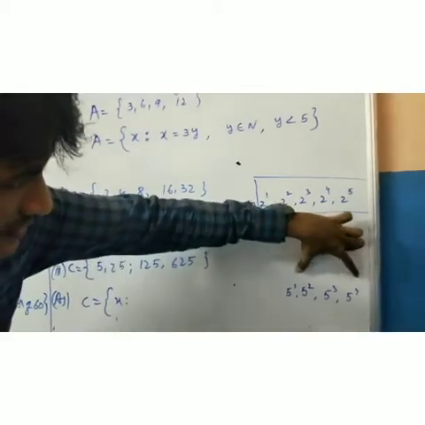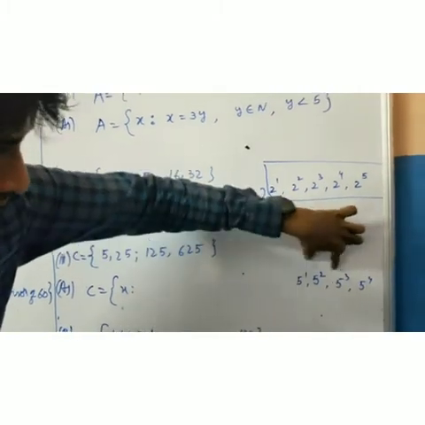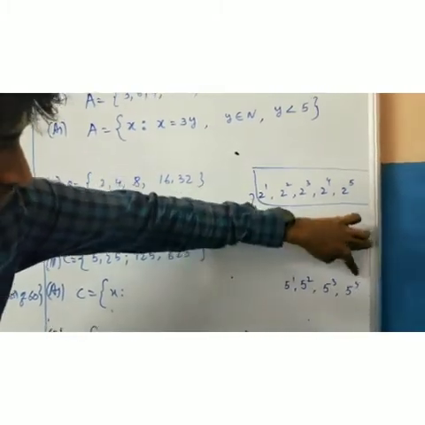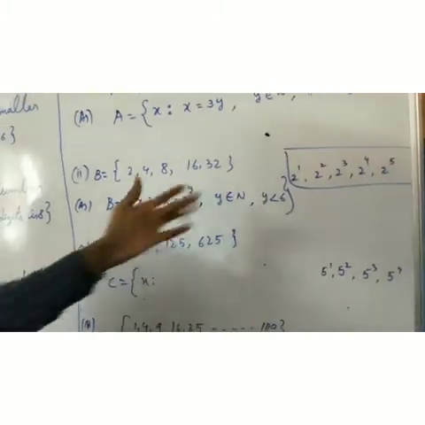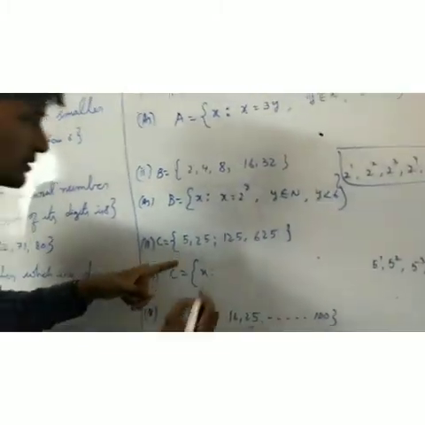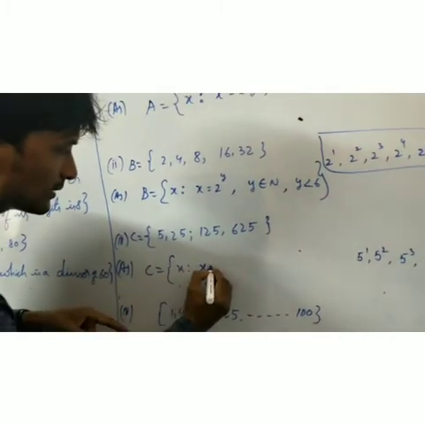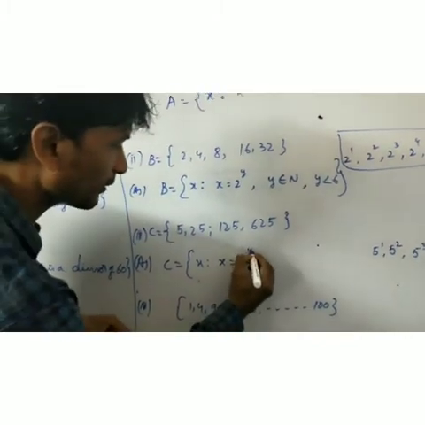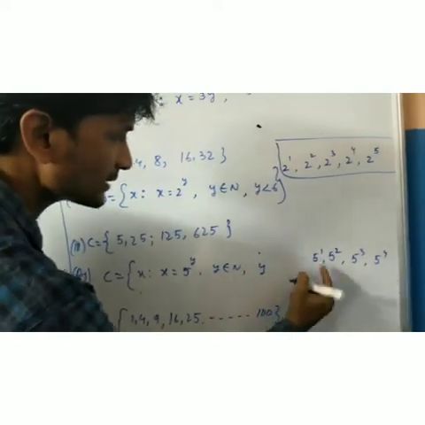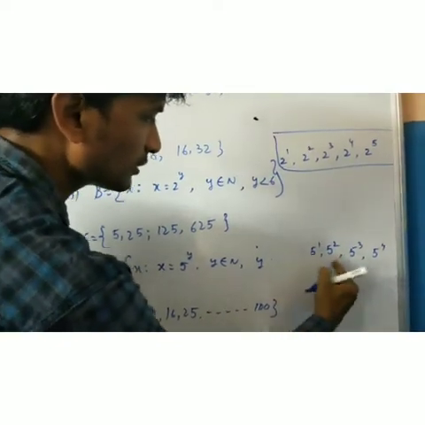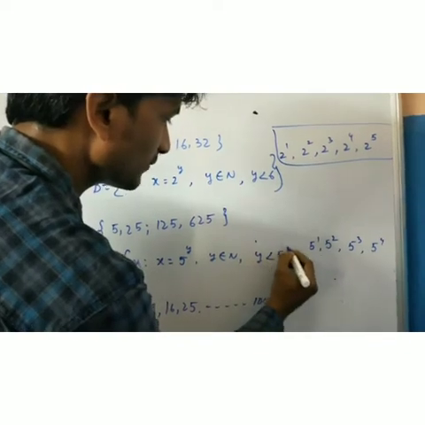The powers are natural numbers 1, 2, 3, 4, and the base is 5. So x equal to 5 power of y, where y belongs to N. There are 4 elements, 1, 2, 3, 4, so y less than 5.